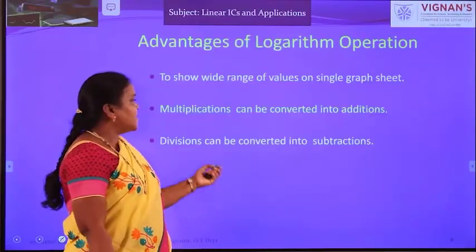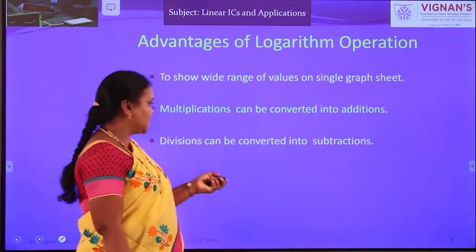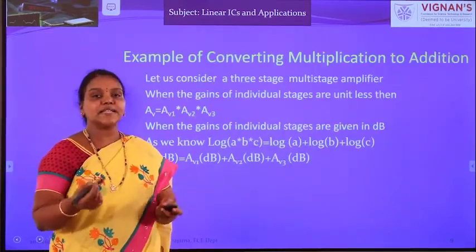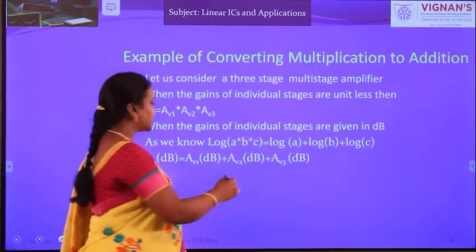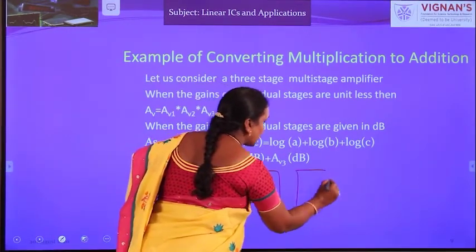Okay, and next one, multiplications can be converted into additions. So how? Let us see. If you consider a multi-stage amplifier, multi-stage amplifier means the output of one stage is given to the input of the next stage.